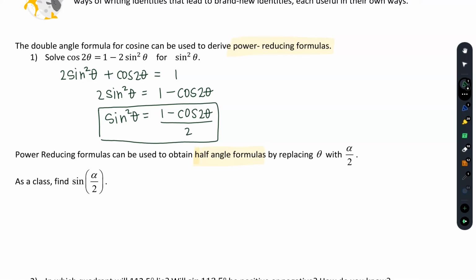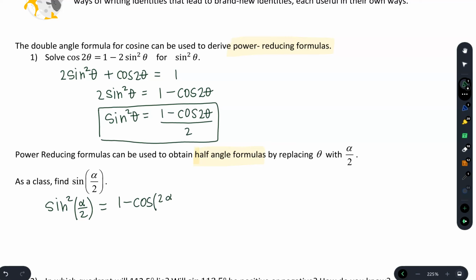That means I'm going to have sine squared of alpha over 2 is now equal to 1 minus cosine of 2 times alpha over 2, and then this is all over 2. Well, how do we get rid of the squared? Before we do that, let's simplify. I don't like what's inside the parentheses with cosine. So this is going to be 1 minus cosine of alpha, over 2.